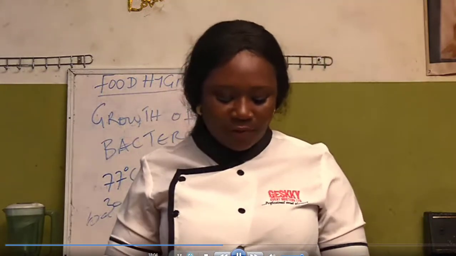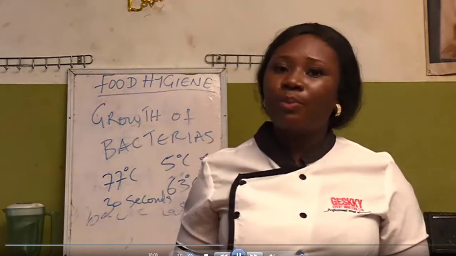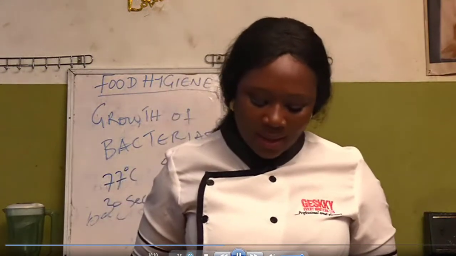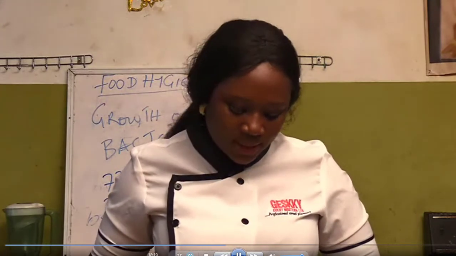So now we want to talk about food poisoning. What is food poisoning? Food poisoning is an illness characterized by stomach pain, diarrhea, and sometimes vomiting, which can develop within 1 to 36 hours after eating affected food. Those foods that could cause pain to us are food poisoning.